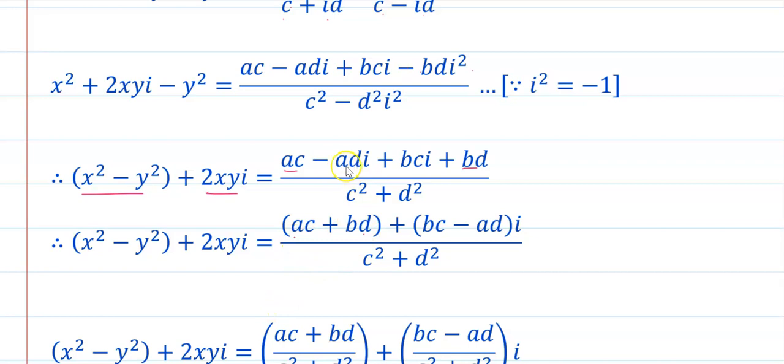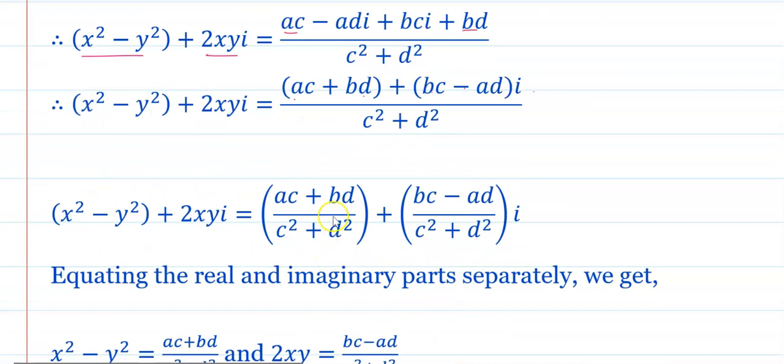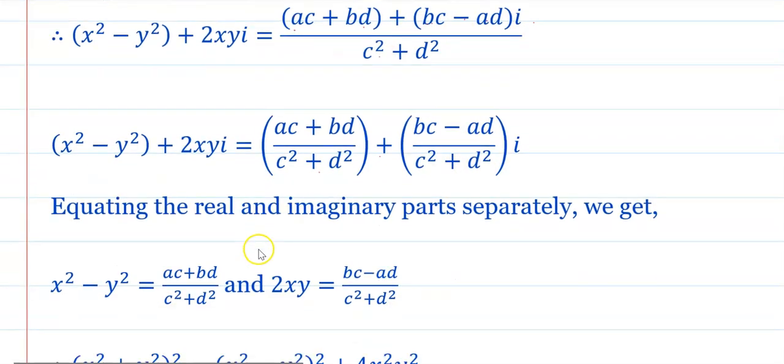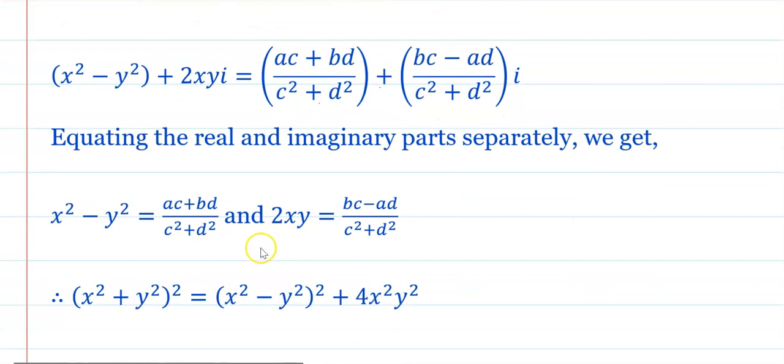Next, minus adi plus bci is imaginary. Take i as common, then in bracket you will get (bc minus ad) into i. Split this up. If you split this up, what do you get? (ac plus bd) upon (c square plus d square) plus (bc minus ad) into i upon (c square plus d square). Now equating the real and imaginary parts.